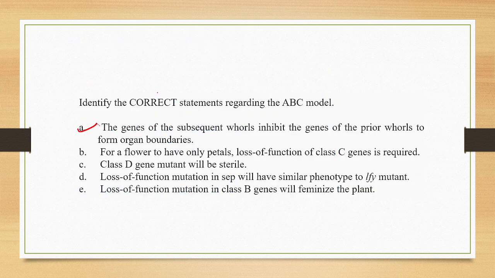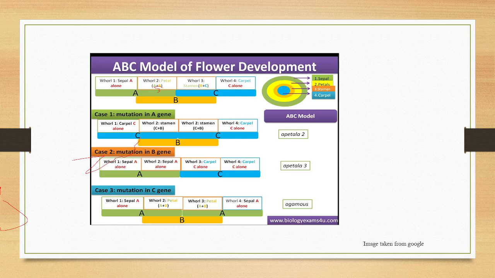Now, here it says for a flower to have only petals. So, what will happen if the C gene is mutated? See, if C gene is mutated, then Role 2 and Role 3 will form petals, but Role 1 and Role 4 will form sepals. So it would not be the case that the whole flower would be petals. No, it cannot be the case because A is still there.